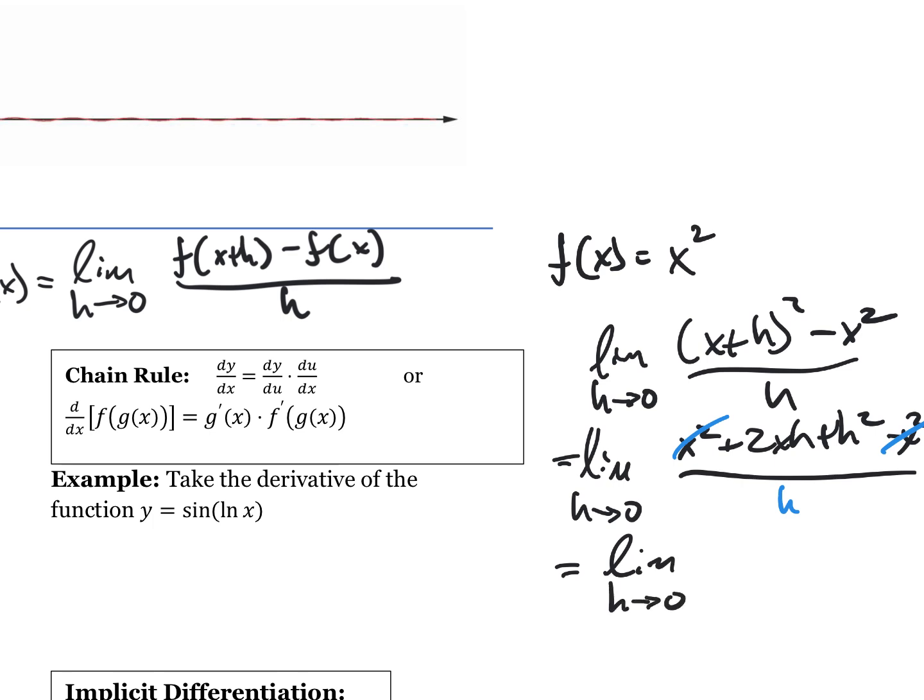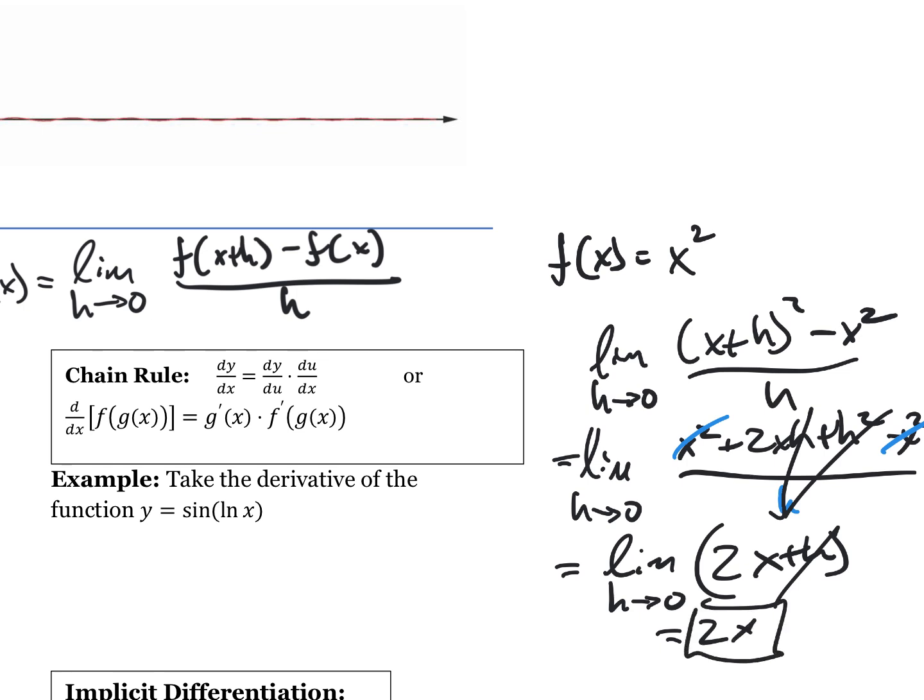We're going to divide an h out of both of these, so that's 2x plus h. And as h goes to 0, this is going to go away, and we're left with 2x. And we know that this is the derivative of f, if f is x squared.